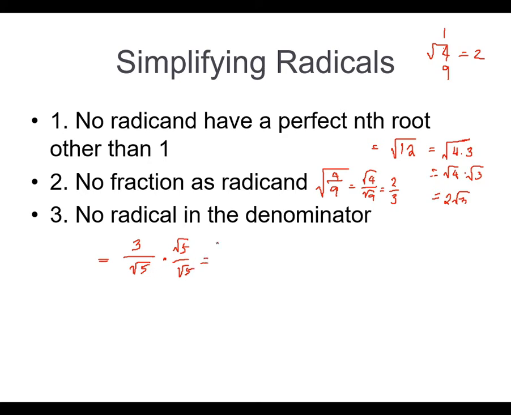Matatalakay din natin to sa division. Bigyan ko lang kayo ng preview. We have 3 times square root of 5, then square root of 5 times square root of 5, square root of 25. So this becomes 3 square root of 5 over 5. Okay? So tatandaan nyo lang yung tatlong condition na yon para mag-guide kayo na nakasimplify na.